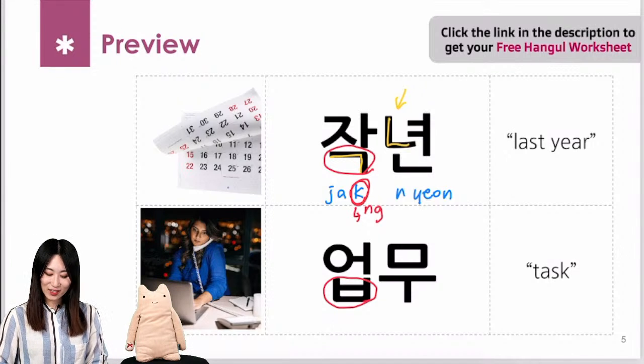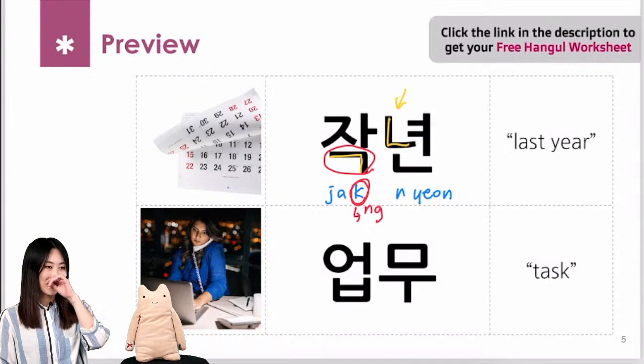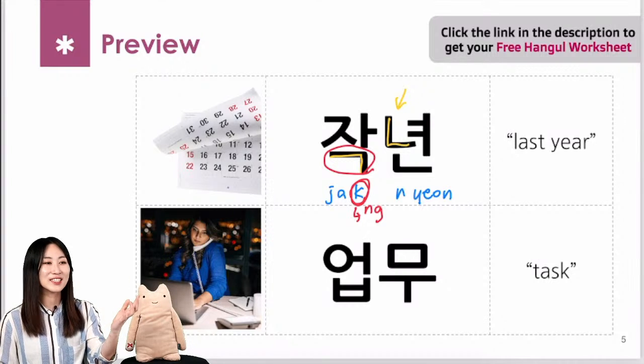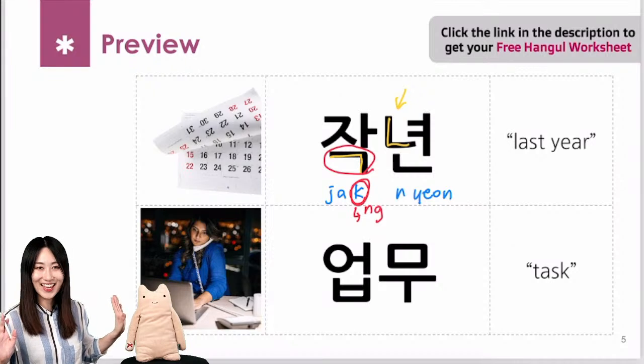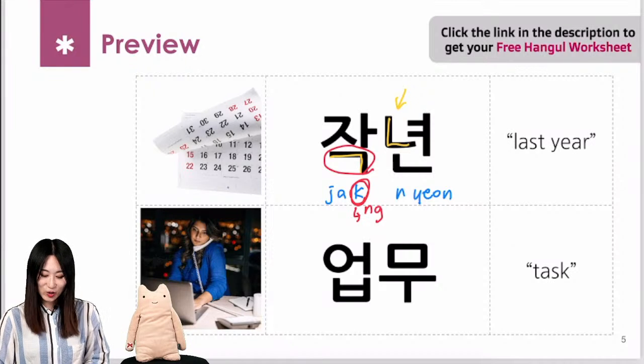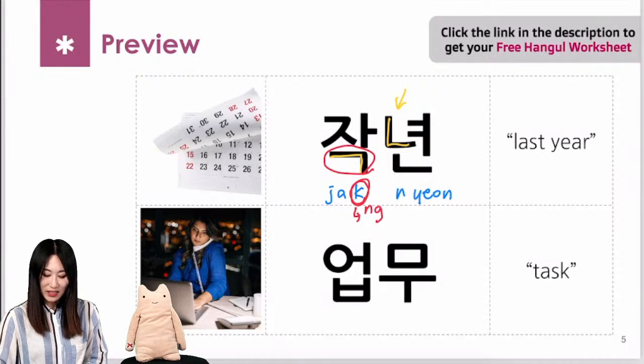Okay, so let's look at the second example. Some people already noticed the answer, but I want to explain it again. If someone didn't learn the 받침, they will pronounce this word like this.